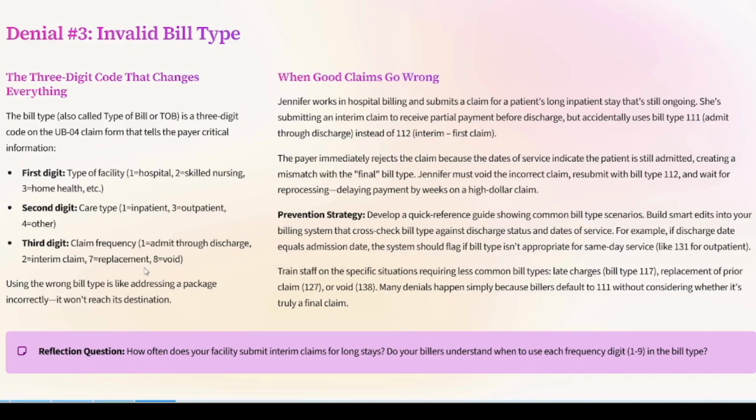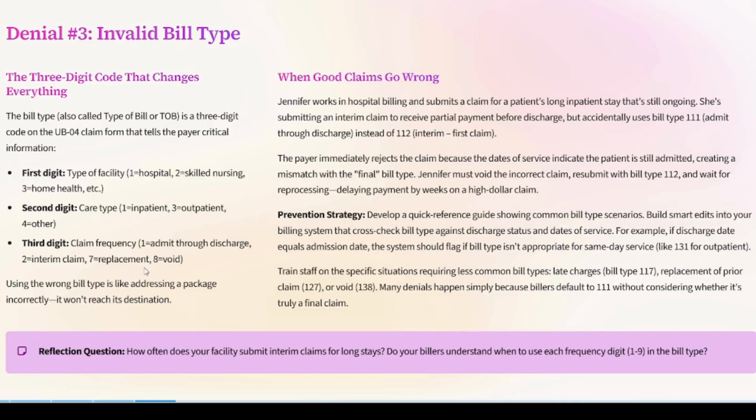The payer immediately rejects the claim because the dates of service indicate the patient is still admitted, creating a mismatch with the final bill type. Jennifer must void the incorrect claim, resubmit with bill type 112, and wait for reprocessing, delaying payment by weeks on a high dollar claim.